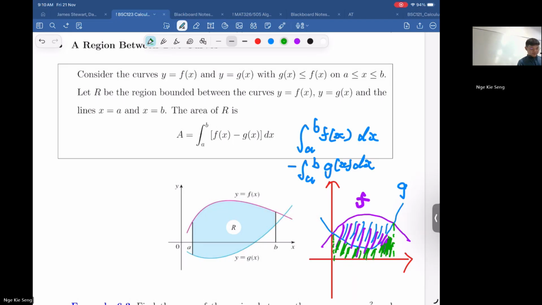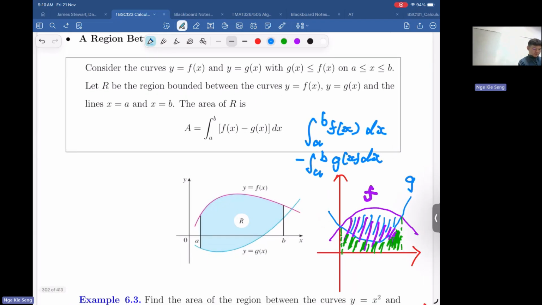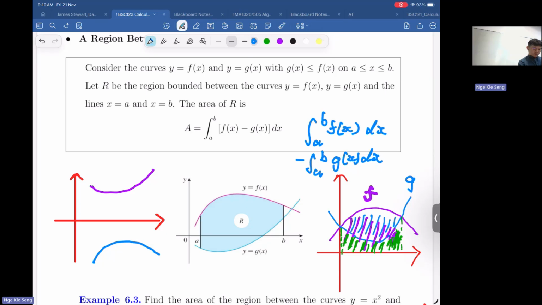And it is also true if this g here stays below the x-axis. So for example, let's say I want to find the area bounded by f and g like that, with two vertical lines. Let's draw the two vertical lines like that.